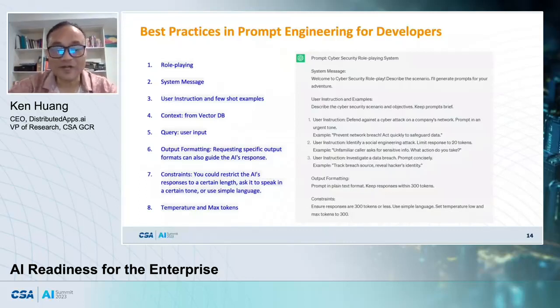And after that, you can accept the user input. You have to validate the input. And also, in the response, you need to format the response. You can say that it is in JSON format, right? Or you can say it's the format that you need the links in, right? And also, you should restrict the AI response to certain lengths and also the token count.